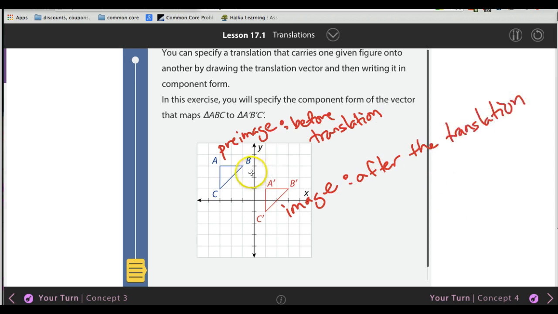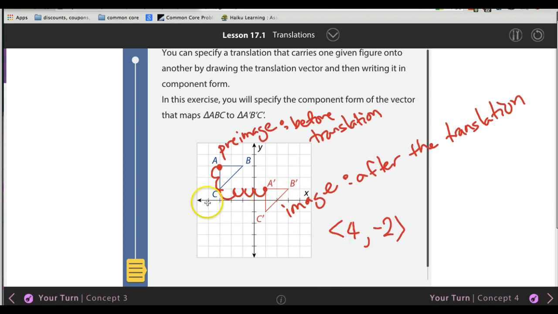And just by looking at this, you already know what your component is, right? You start with A, and to get to this A prime, what did you have to do? Well, I had to go down by 2. So the negative 2 is on the right-hand side. And then how many did I have to go to the right? 1, 2, 3, 4. I had to go 4 to the right. Always remember x comes first, okay?